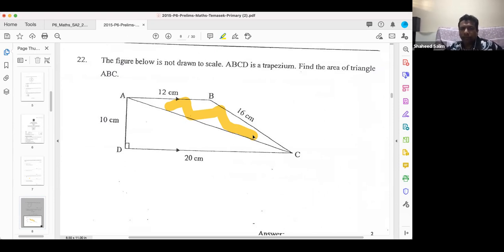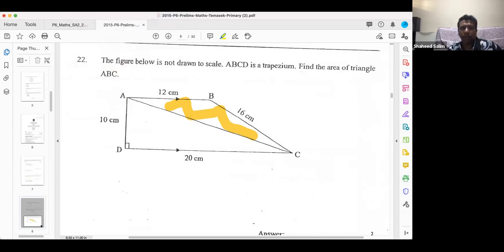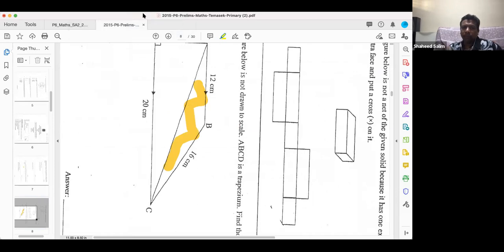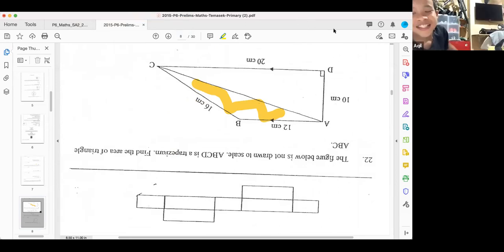Do you need me to flip it for you? Maybe I flip it for you. This might be easier for you. Is it better? Let us see. Not better.